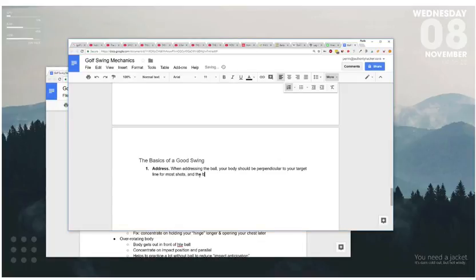And the ball, actually, let's make this a new sentence.